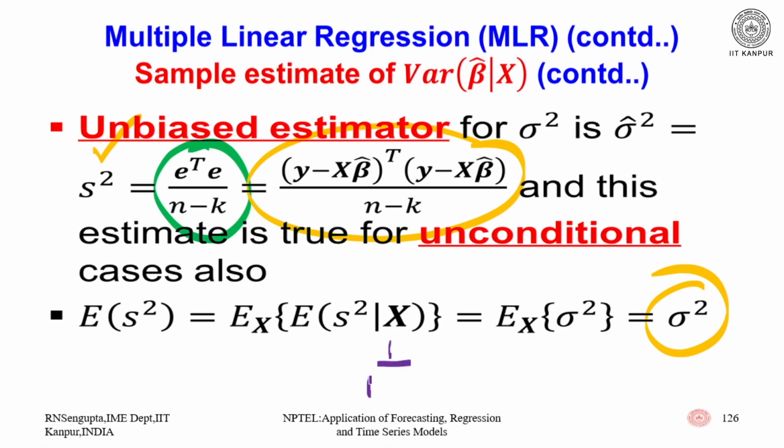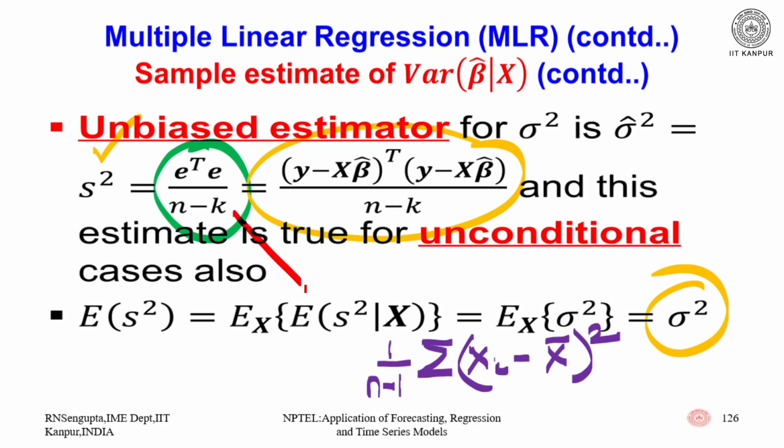The formula was 1 upon n minus 1 summation of xi minus x bar whole square, where x bar is the sample mean for x, and there is only one x, hence k is 1. If you see this formula, in red, n minus k when k is 1 becomes n minus 1.